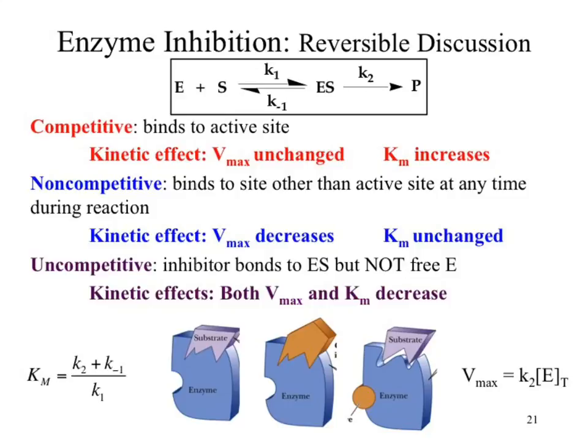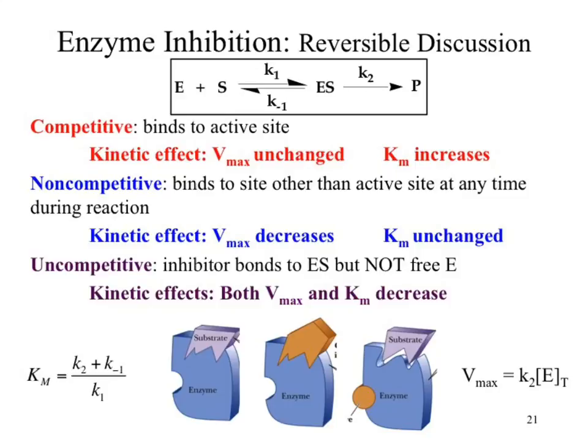What happens to K1? When does our non-competitive inhibitor bind? At any time. It will affect K1. K1 will decrease and K2 decreases. If both those terms decrease, they cancel out. What happens to Km? Remains unchanged.